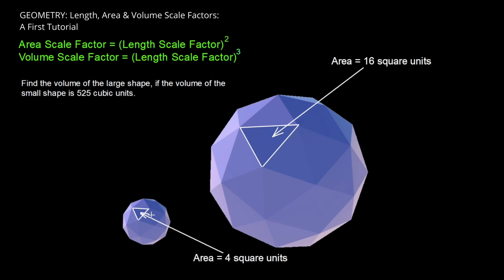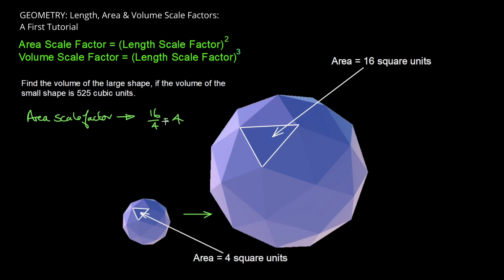Well, we're given the relationship between 2 areas. So as I scale up from the small shape to the large shape, the area of each of the faces goes up by a factor of 16 over 4. So I can say that the area scale factor going from small to large is 16 divided by 4, which is 4.